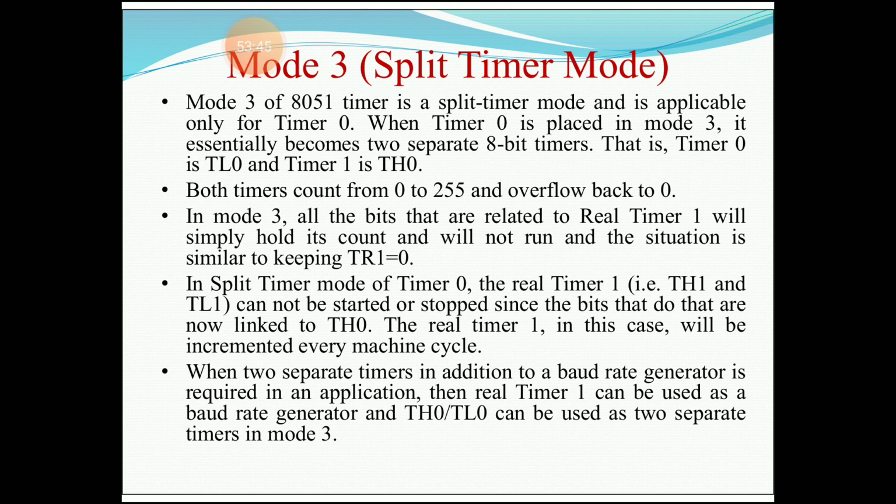The real timer 1 in this case will be incremented every machine cycle or clock pulse. When two separate timers in addition to a baud rate generator are required in an application, then real timer 1 can be used as a baud rate generator, and TH0 and TL0 can be used as two separate timers in mode 3.